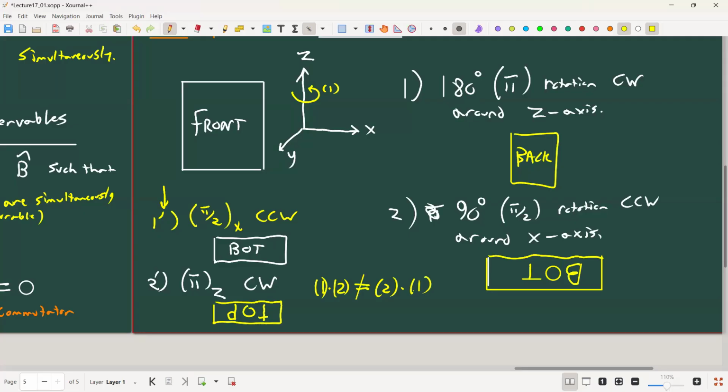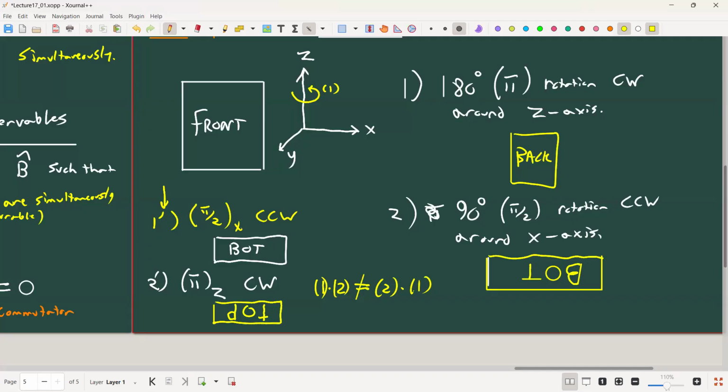But you can see that there are quite a few combinations of rotations that are commutative. In 2 dimensions, they are commutative. In 2 dimensions, if I go this way and then that way, it's the same as going that way and then this way. So in 2 dimensions, they're commutative. Only in 3 dimensions do they not commute. So 3D rotations are not commutative.